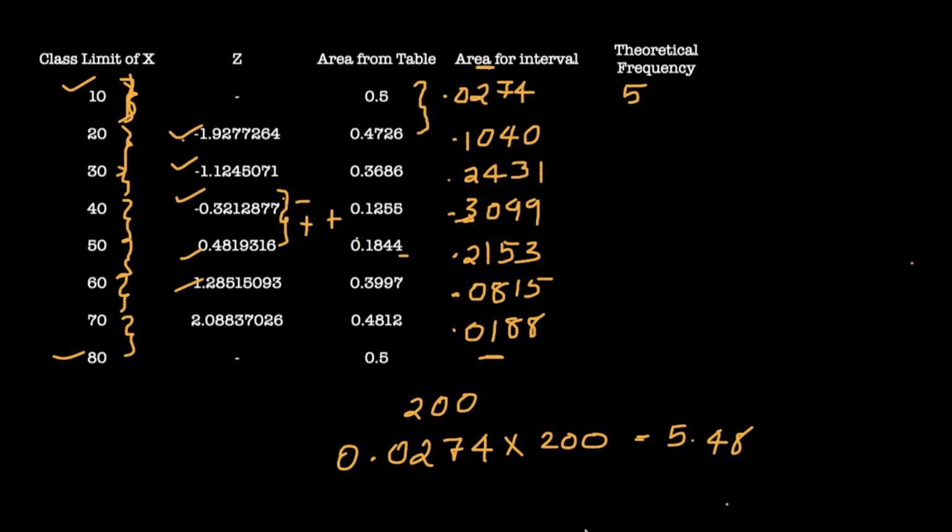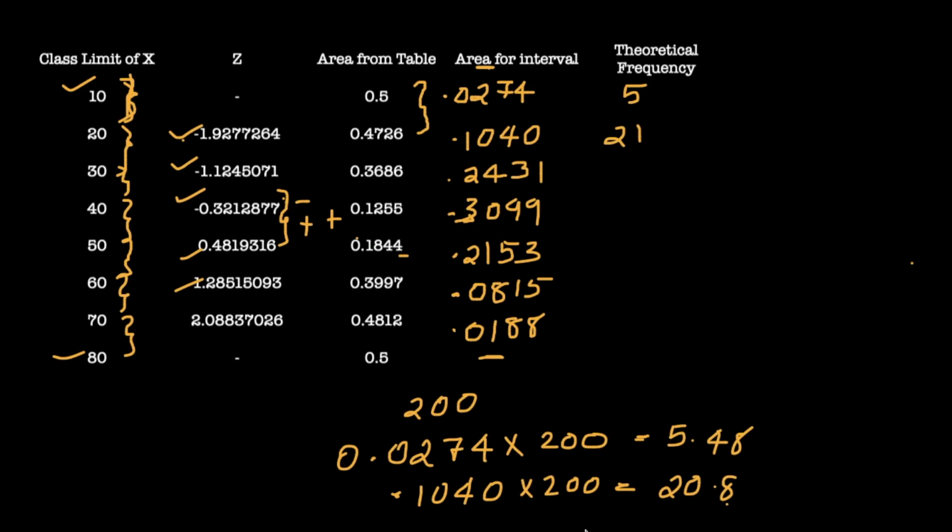The next one is 20.8. That is, when we multiply 0.1040 into 200, we will get 20.8. We will round it off and take it as 21. And next we will have 0.2431 into 200.